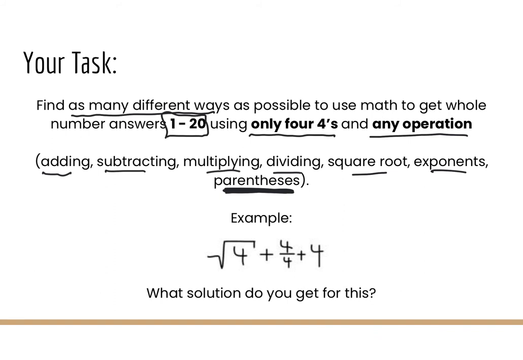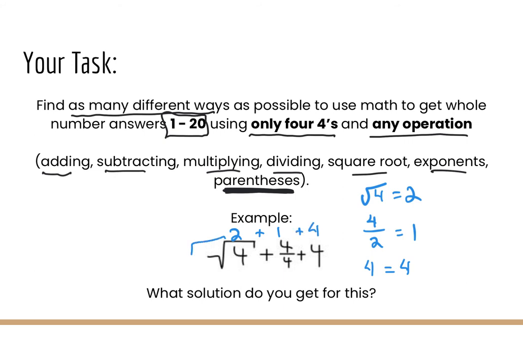So the square root of 4 is 2. 4 divided by 4 is 1. And then you have 4. So this is going to turn into 2 plus 1 plus 4.